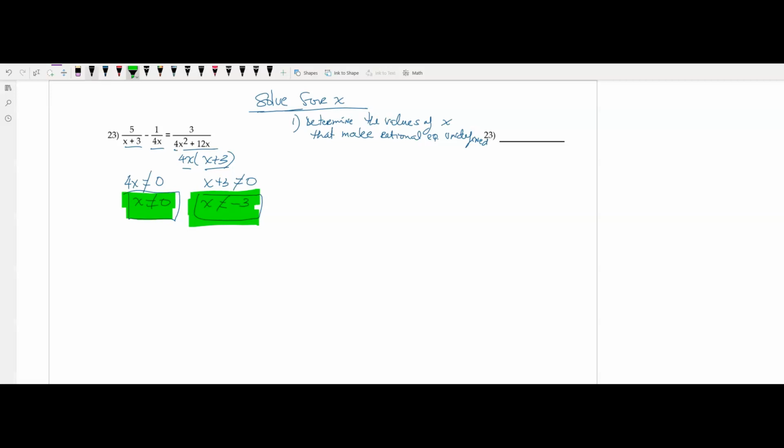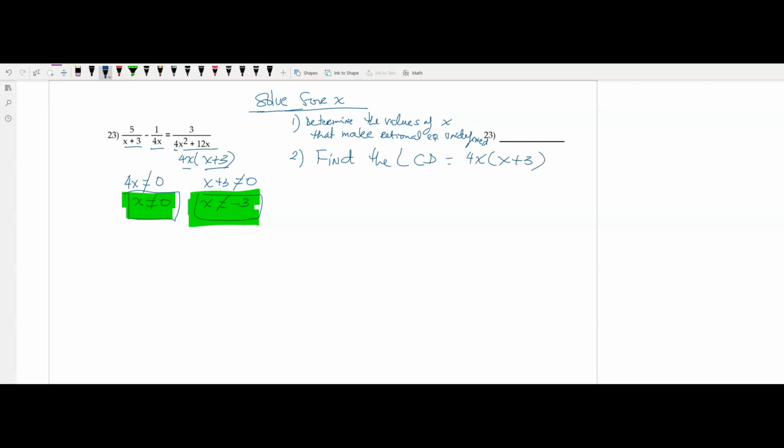Beautiful. Now, second, find the LCD. It's kind of easy here because 4x and x plus 3 are what we have in common. So 4x times x plus 3 is your LCD.